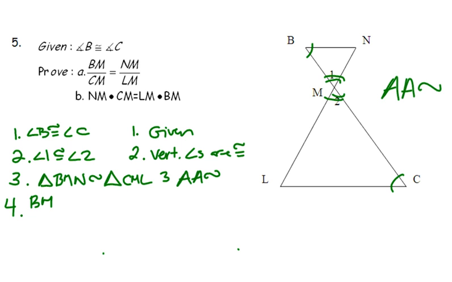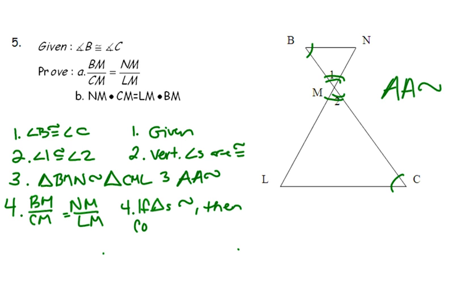So now I can say that BM over CM is equal to NM over LM, because if triangles are similar, then corresponding sides are proportional. This is sort of like CPCTC, but there's not anything that's easy to use, so we have to go ahead and make this whole statement.